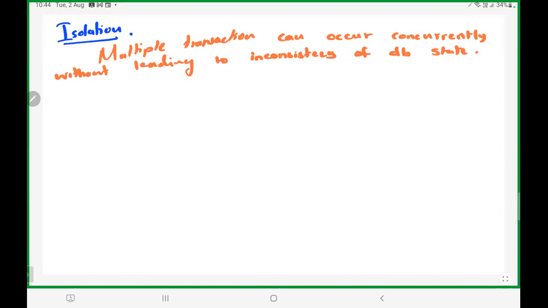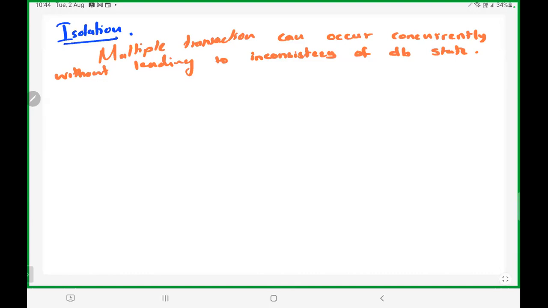Right. We have learned about the properties of transactions; we have discussed the ACID properties before. So from here I'm going to explain isolation. Isolation means being isolated. So isolation means multiple transactions can occur concurrently.